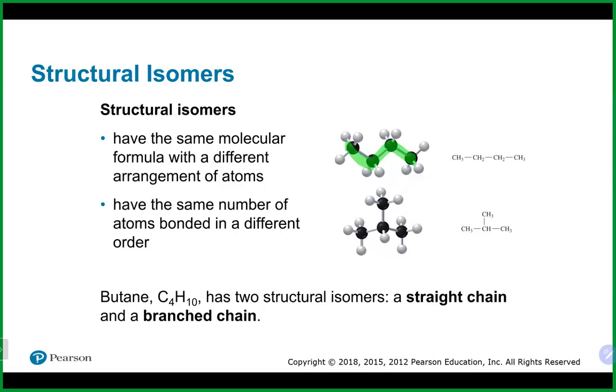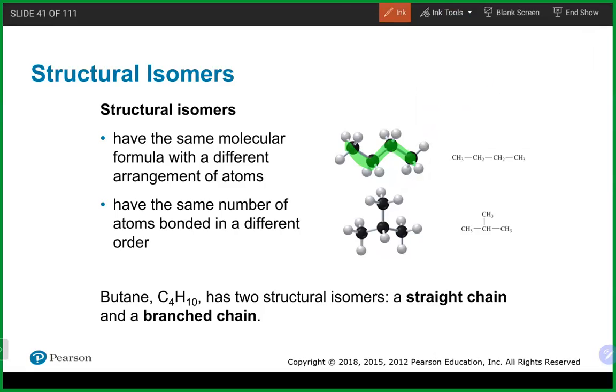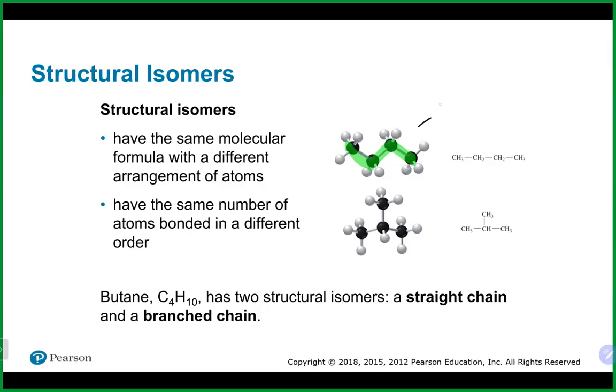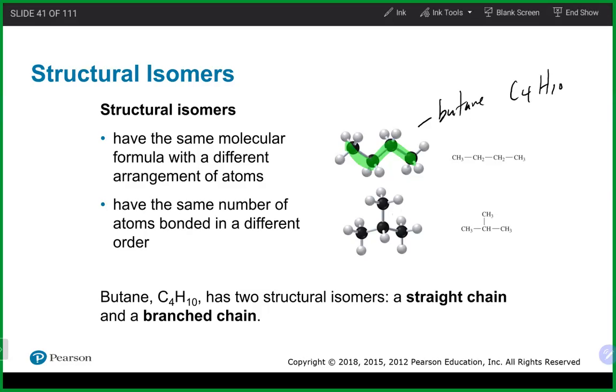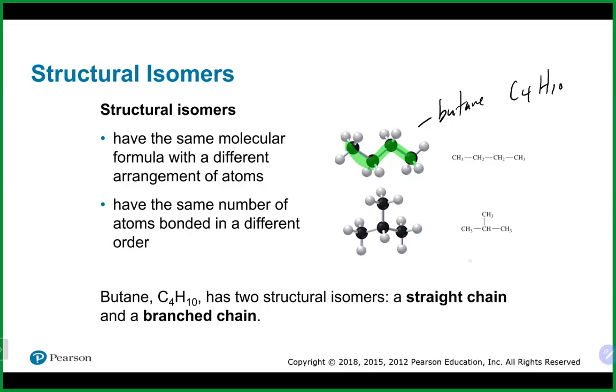So that would be butane, and it would have 4 carbons and 10 hydrogens. This one right here still also has 4 carbons and 10 hydrogens. So they do have the same molecular formula, but they are a little bit different.